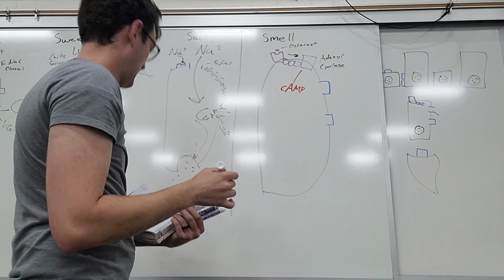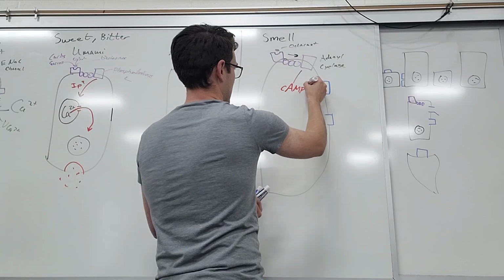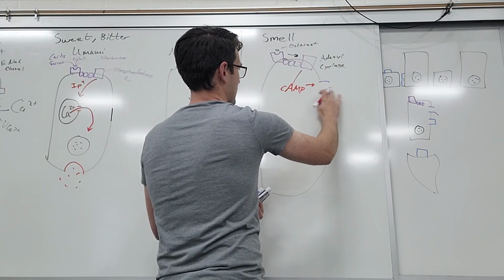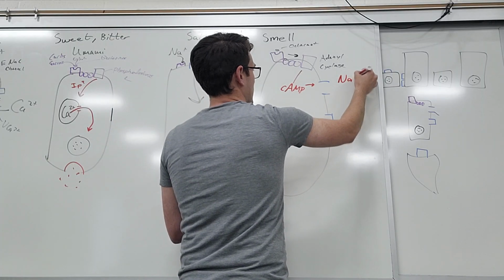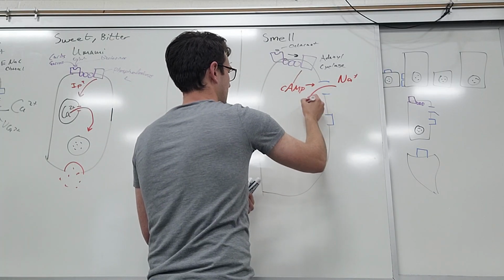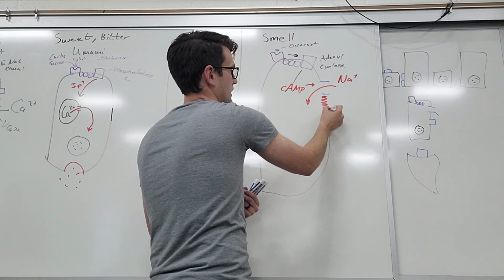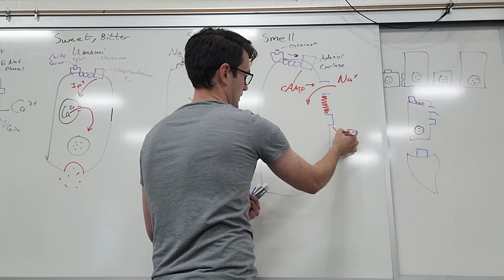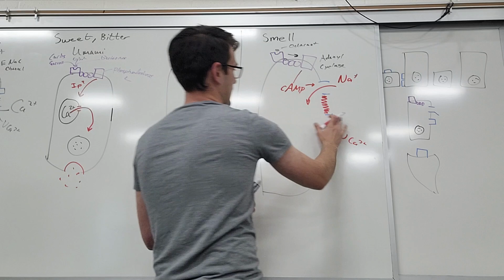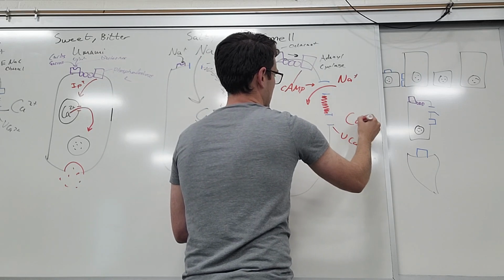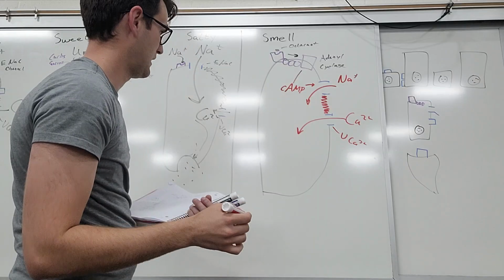And then what that cAMP is going to do is open this cation channel here. It's a non-specific cation channel, so we're just going to use sodium. Sodium can rush in, and that's going to depolarize our RMP here. That depolarization is going to hit this voltage-gated calcium channel. Calcium is going to be able to flood into the cell.